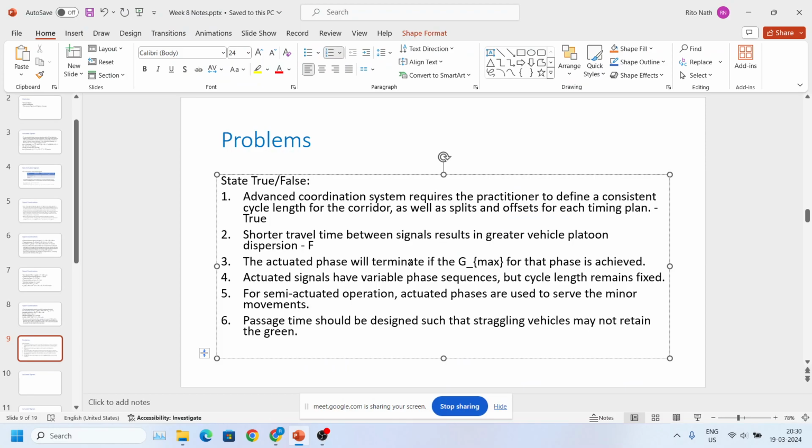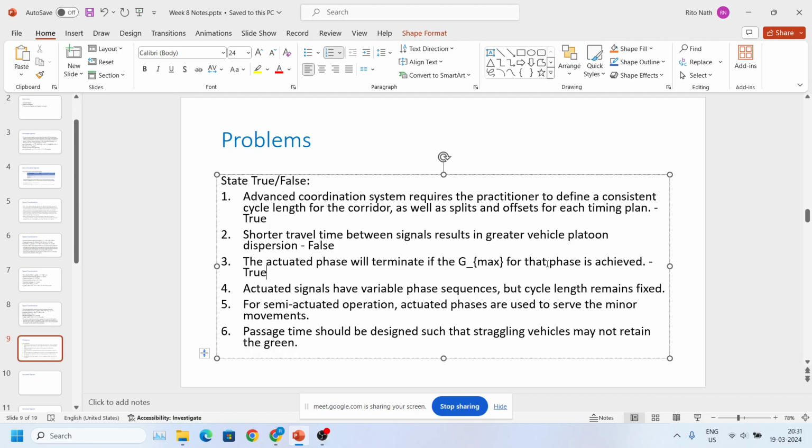And the reason is also correct: there will be fewer opportunities for drivers to deviate from the average travel time and so on. So the dispersion won't be there, so there will be lesser dispersion. And next is: actuated phase will terminate if the Gmax for that phase is achieved. So that's true again. I think that was discussed in the class.